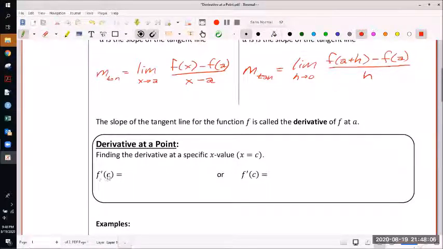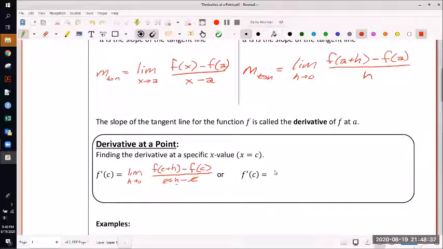We'll say f prime of c is the limit as h goes to 0 of f of c plus h. Instead of a, I'll use c here because that's where I want to find the derivative, minus f of c over c plus h minus c, and then the c's would cancel out, leaving me with just the h there.